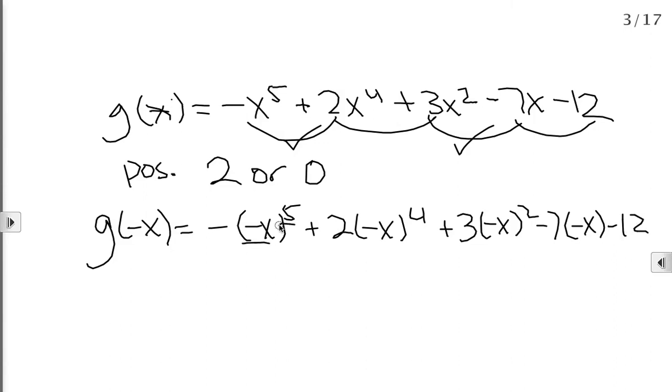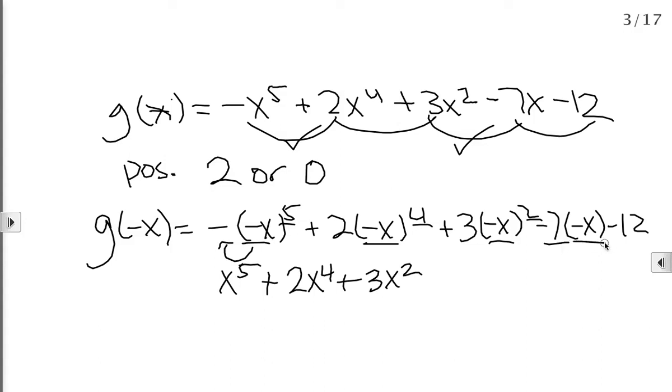Negative base, odd exponent means I'm going to have the opposite of what it was, so this becomes positive x to the 5th. Negative base, even exponent stays the same. Negative 7 times negative x would be positive 7x minus 12.